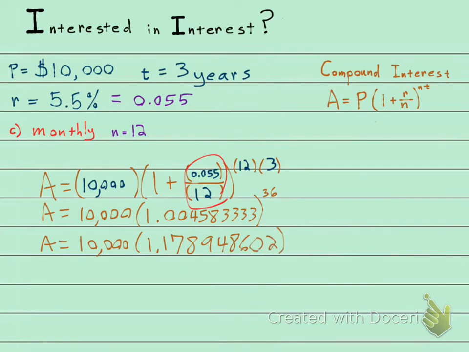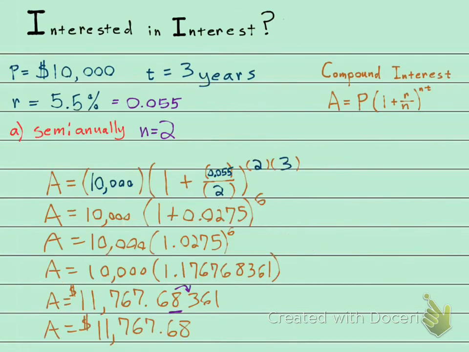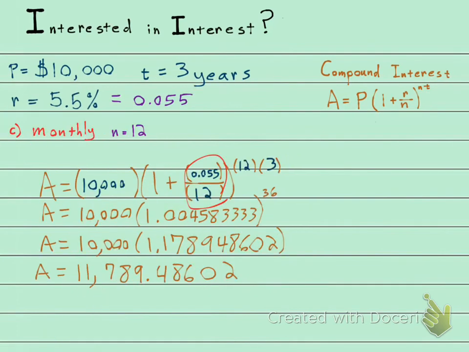All right, times, and now I will see I have 11,789.48602. Is that more? Yep, it is more. It's more than quarterly and it's more than semi-annually.